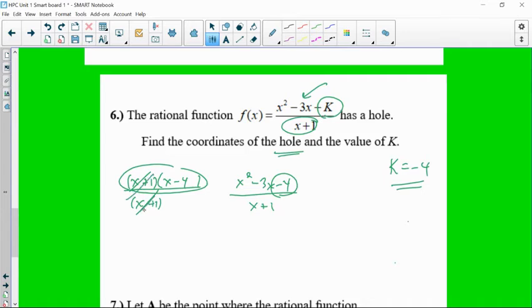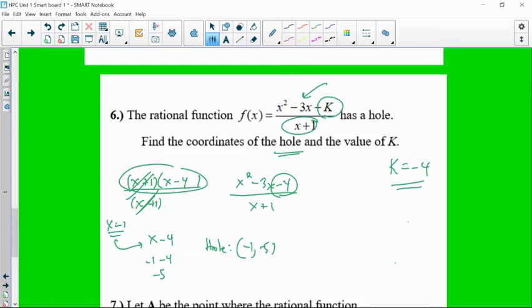Well, when these cross out, the reduced function is x minus 4. What got crossed out was when x was equal to -1. So if you take that -1, sub it in here, -1 minus 4, which is -5, there will be the y component of your hole. So now your hole is equal to -1, -5. Okay, hopefully that makes sense.